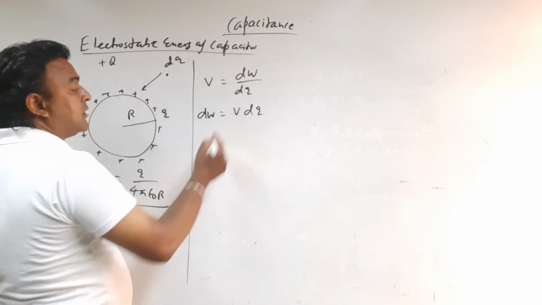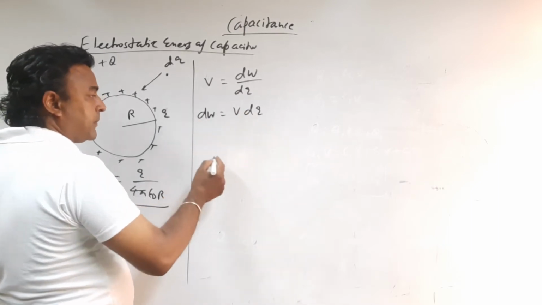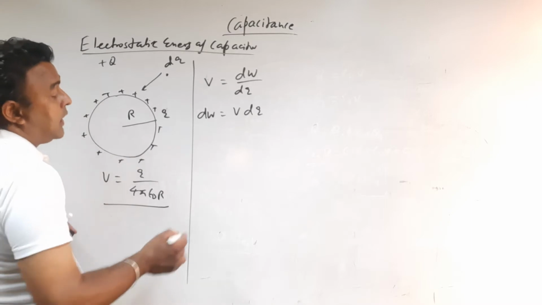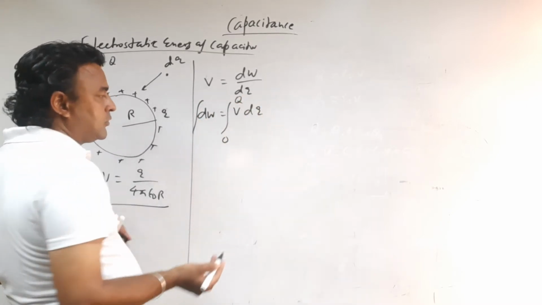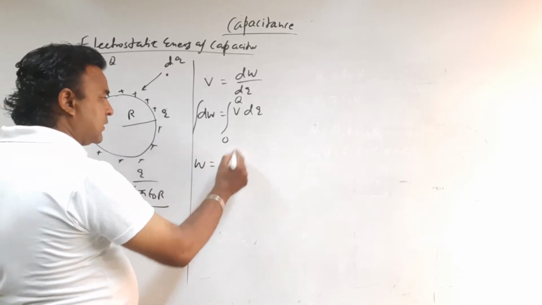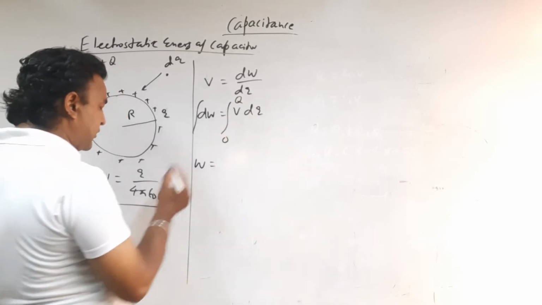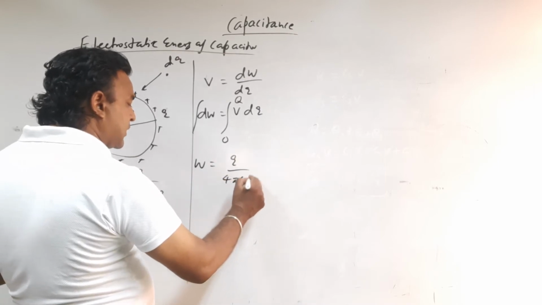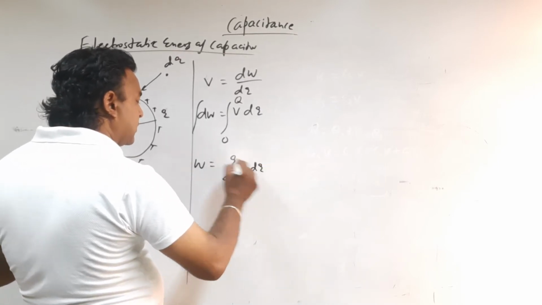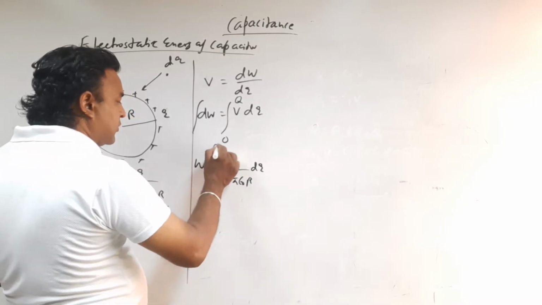I am doing this from 0 to capital Q. So total work done is the integral of V dq from 0 to Q, and V is q by 4 pi epsilon naught R, so q dq by 4 pi epsilon naught R from 0 to capital Q.